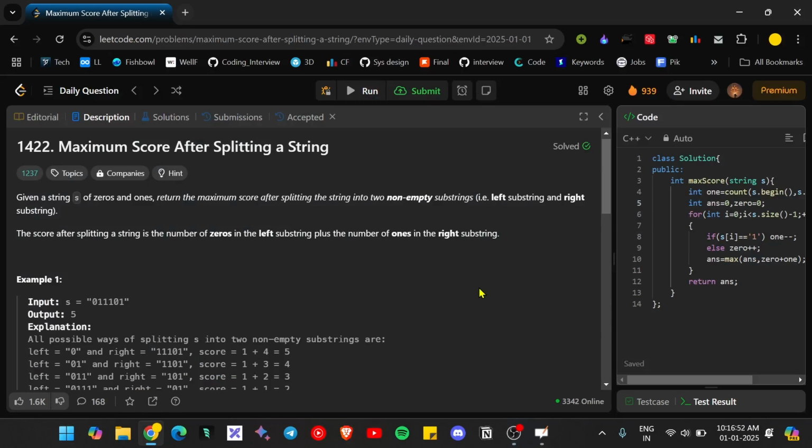We are discussing the LeetCode Daily Challenge, maximum score after splitting a string.